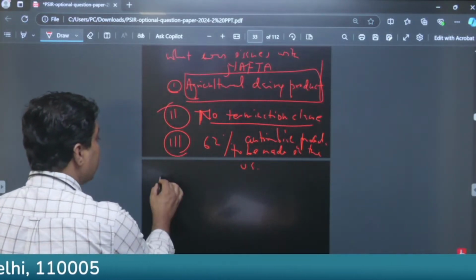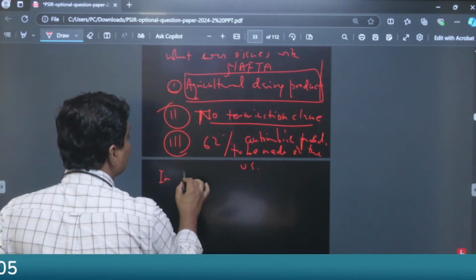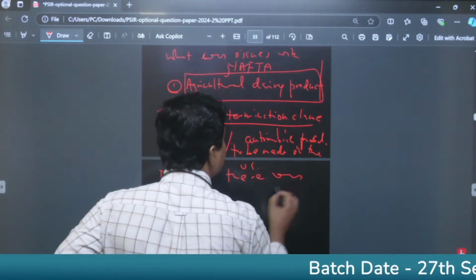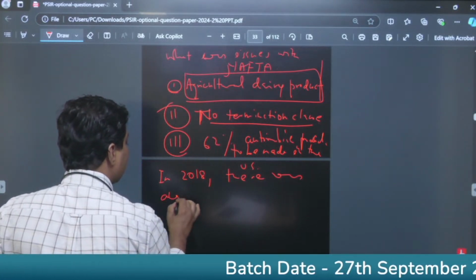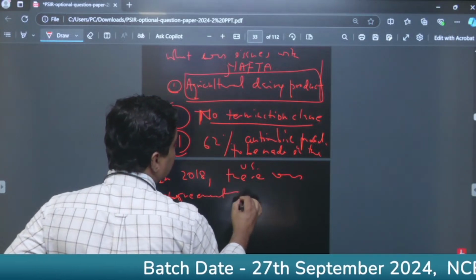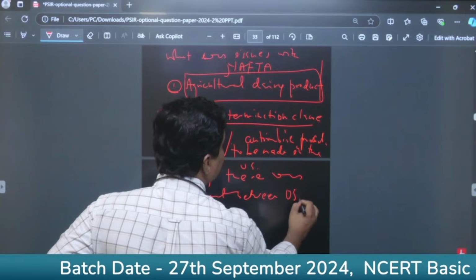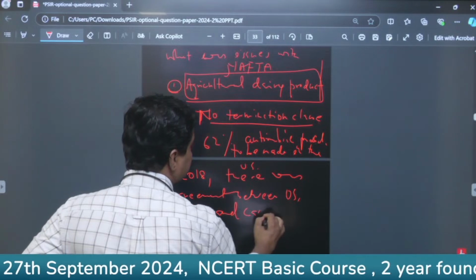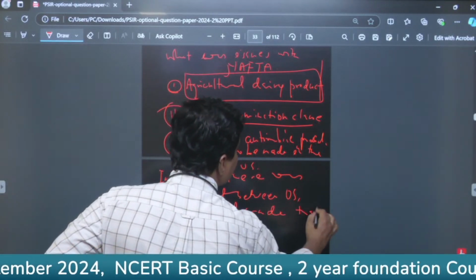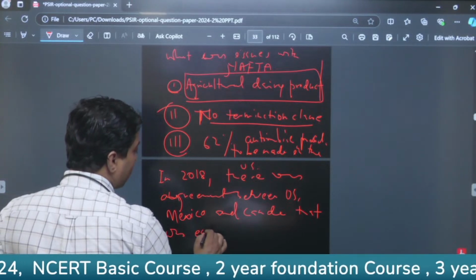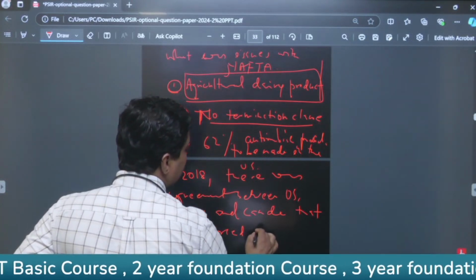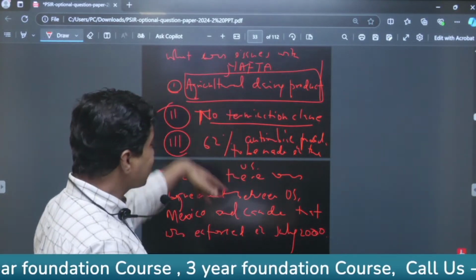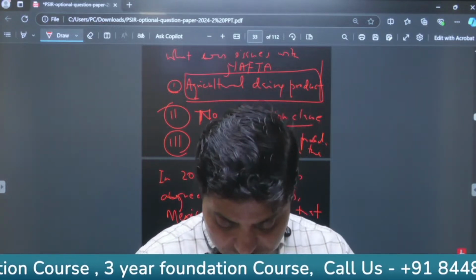Now in 2018 there was an agreement between US, Mexico and Canada, which was enforced in July 2020, and these restrictions have been removed, right?